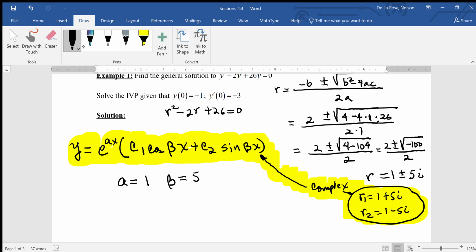The solutions of the auxiliary equation are of the form a plus or minus beta i, so a is 1 and beta is 5.